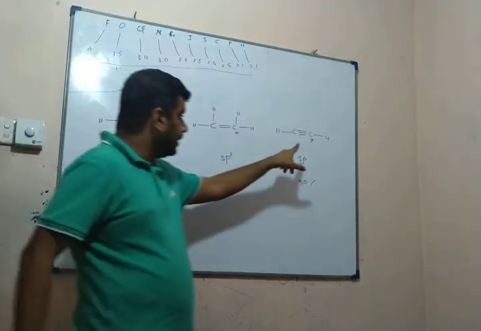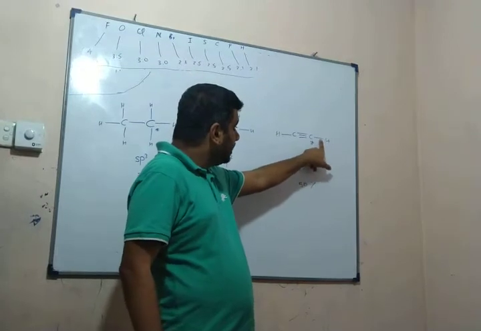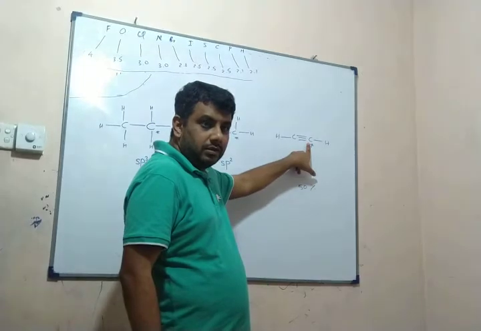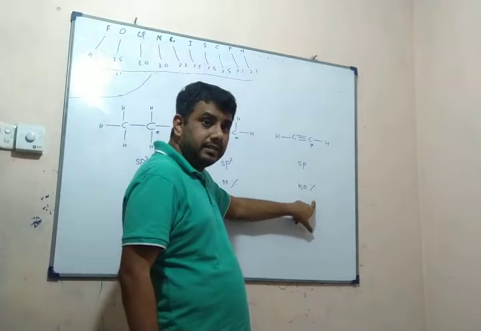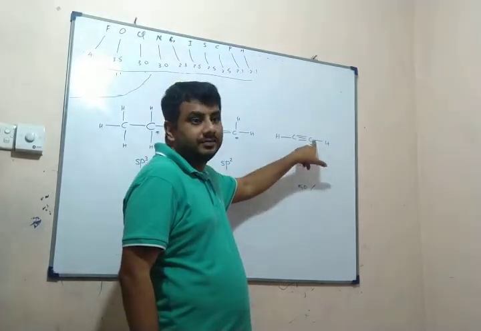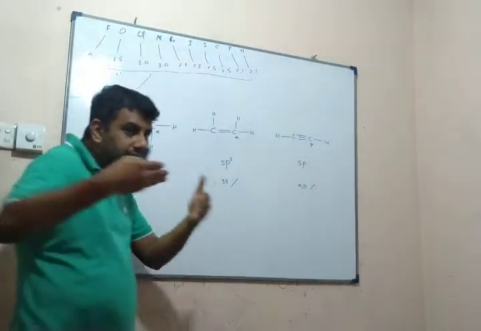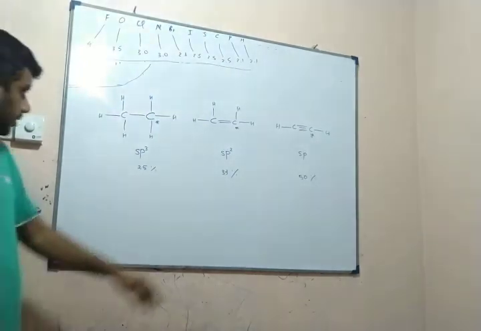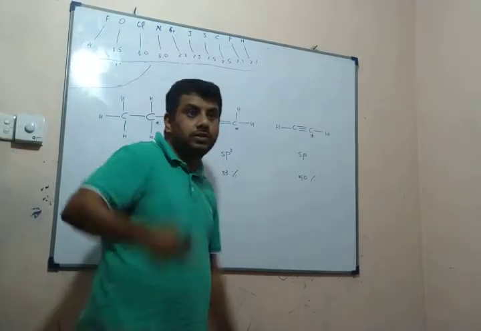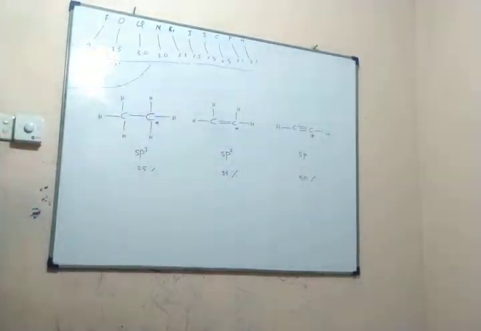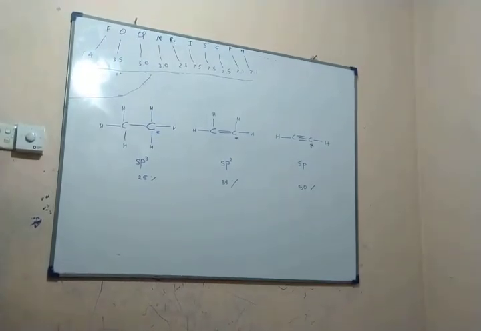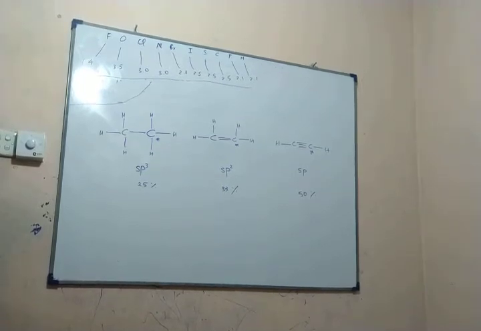This electron pair is very much closer to the nucleus of carbon. So when the S character increases, the bond length will become shorter, so the attraction will be higher. We have discussed this earlier. So this is the principal and primary factor.